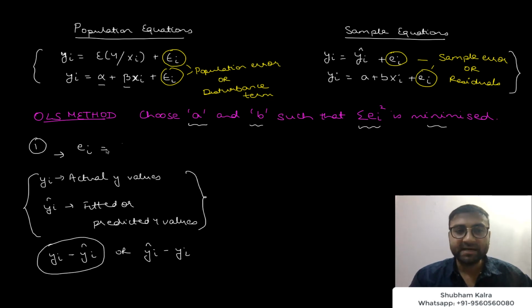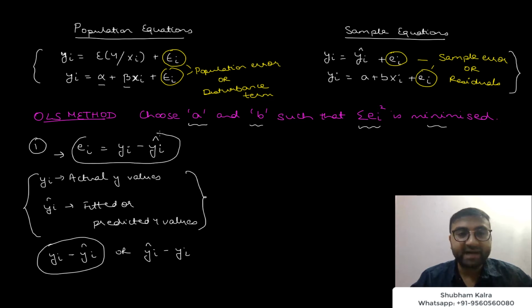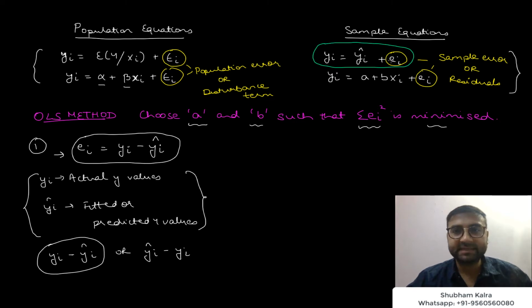So EI is equal to YI minus YI hat. That's the first thing that you need to take care of: EI is YI minus YI hat. It is not the other way around. You can also take a look at this equation that I discussed in my first video. From here, you can see that EI is going to be equal to YI minus YI hat. So that's the first thing that you need to be careful about.